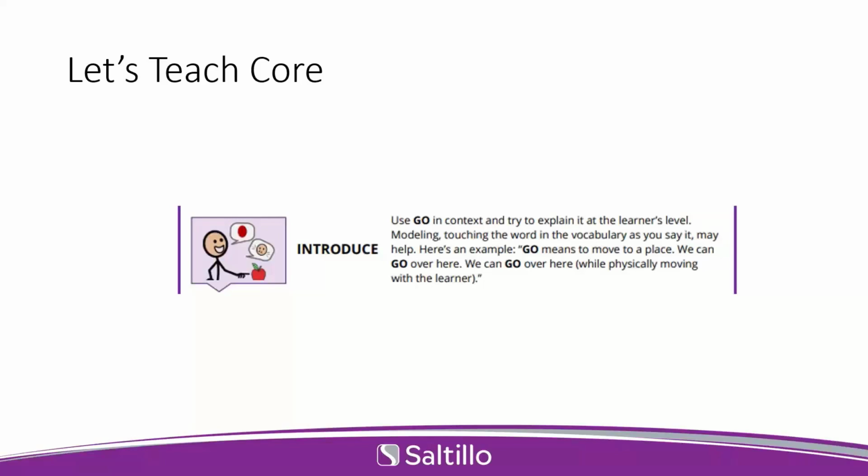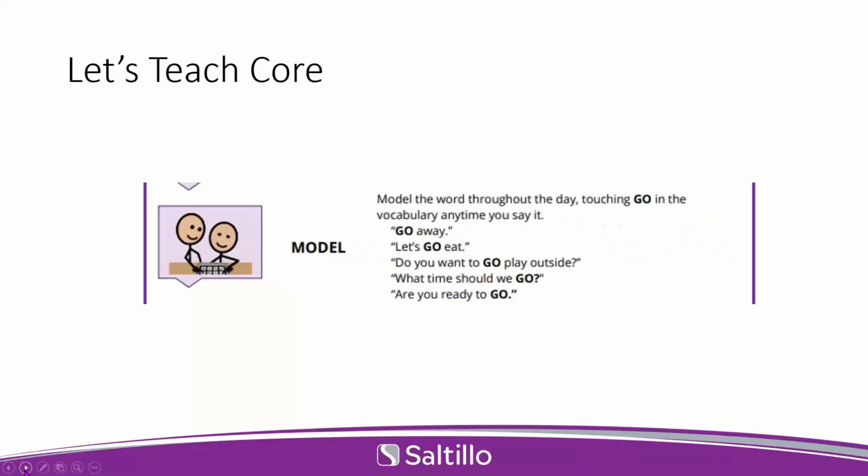Next on the Let's Teach Core page, it talks about how to model it. The great thing is that it lists a variety of contexts in which we can model that word to help build in some variety. So you might model the word throughout the day, touching go anytime you say it. Go away, let's go eat. Do you want to go play outside?